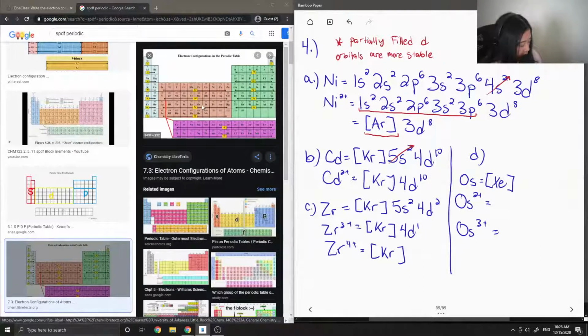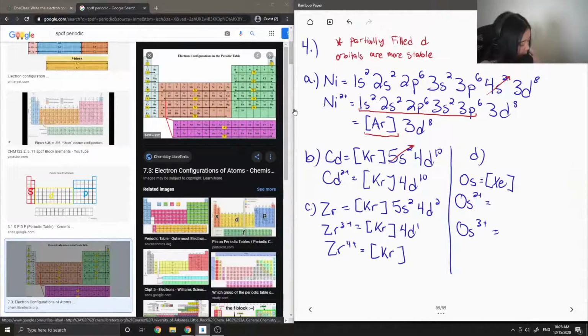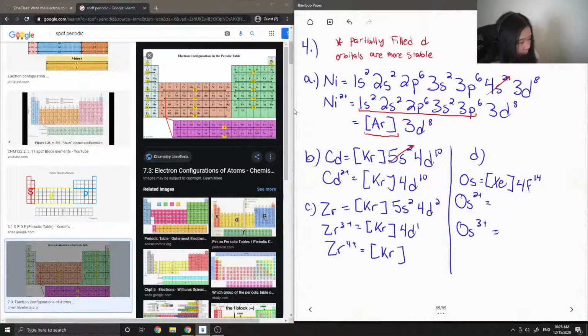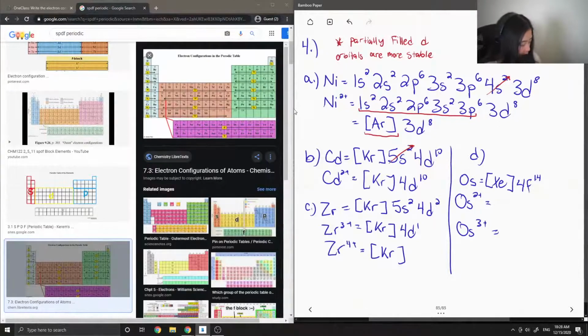So we just write xenon in square brackets. And then going down, I'm first going to fit in our F block. So if you can see here, it is inserted in between right there. So I'm just going to put my 4f14, and then I'll write down my D block.